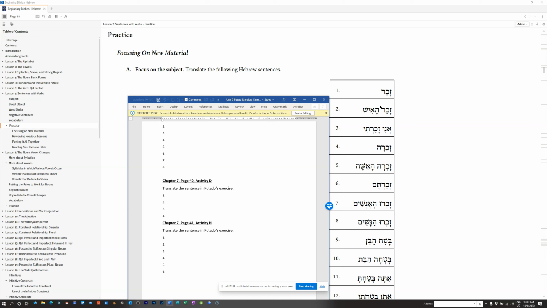You can have completed action in the future. In English, I might say something like, by the time I get home, dinner will be done. So I'm talking about dinner being done. It's finished, it's completed. Dinner will be cooked. Dinner will be prepared. Dinner will be ready.